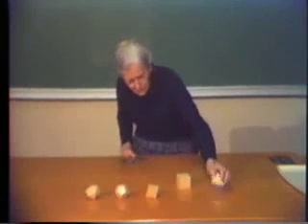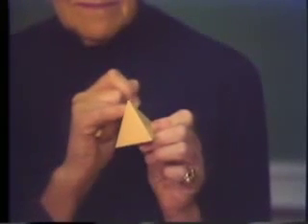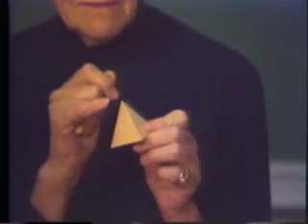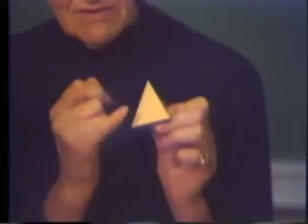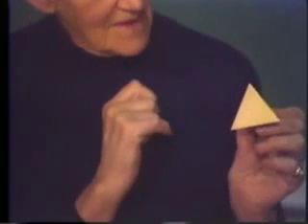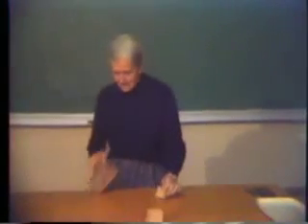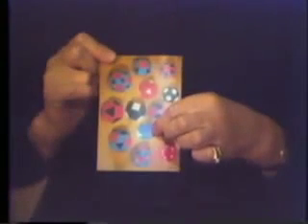And if you took a tetrahedron and cut off the apices, what would you get? Triangles here, and what would you get here? Hexagons, yes. There it is.